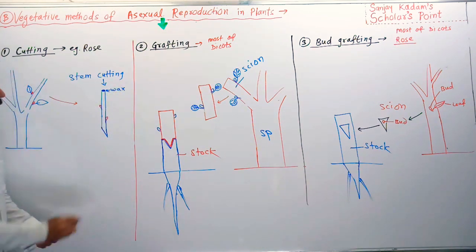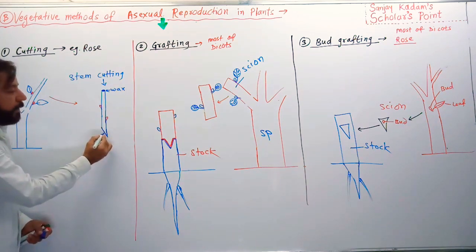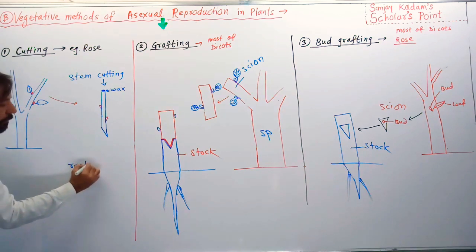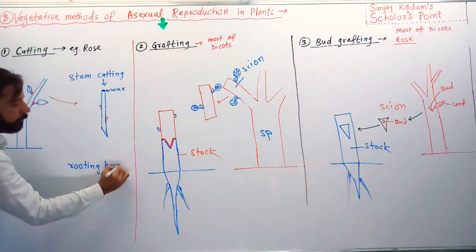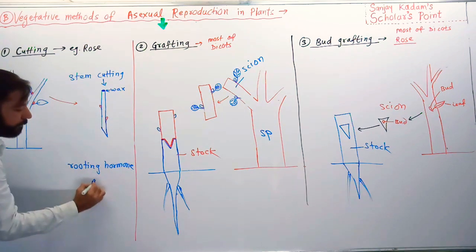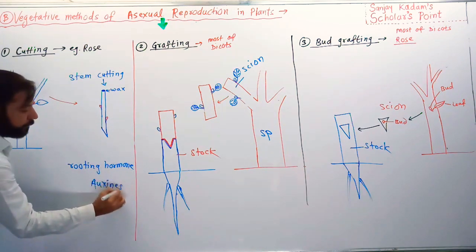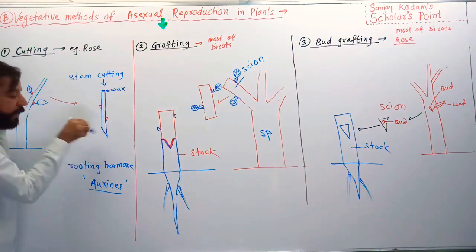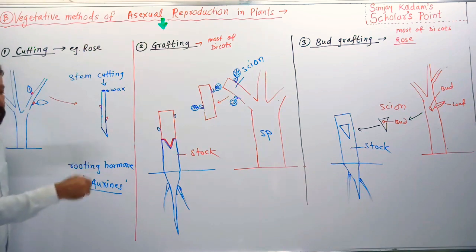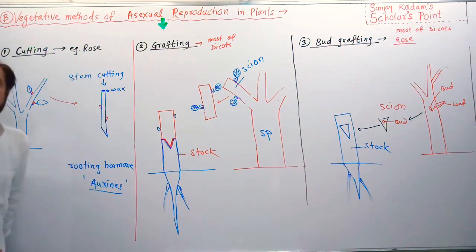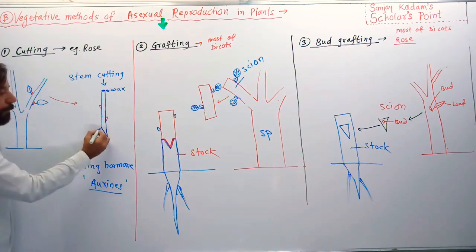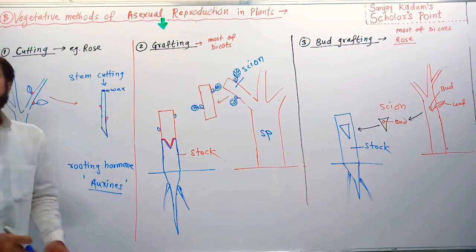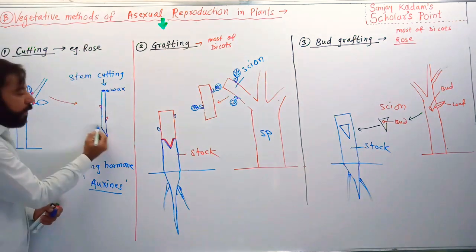And now this lower end is treated with growth hormone, rooting hormone, auxin. This lower end is treated with auxin, because auxins allow a rapid root formation, and if the root formation occurs rapidly, the success rate increases.